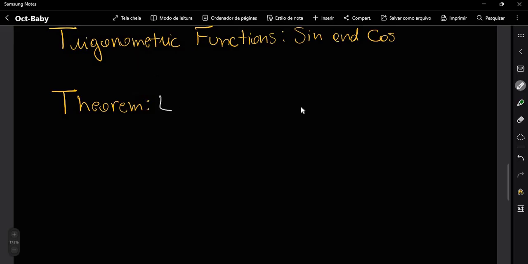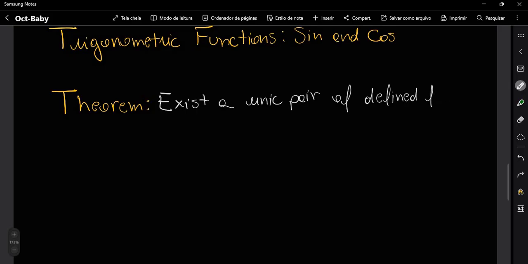So there exists a unique pair of defined functions in the R set, indicated by sine and cosine.